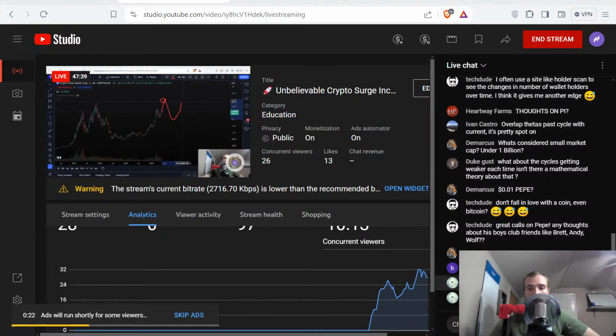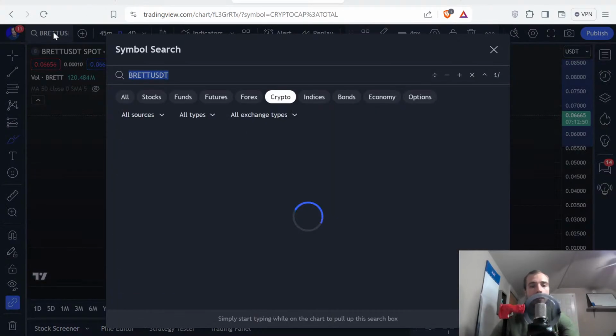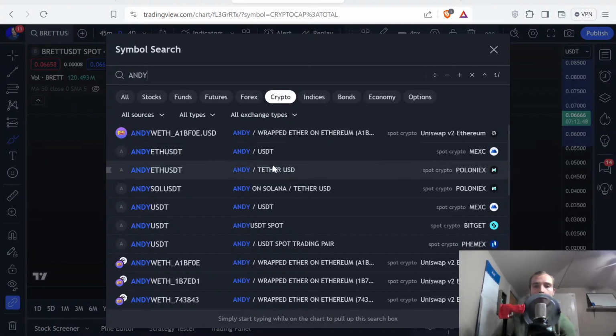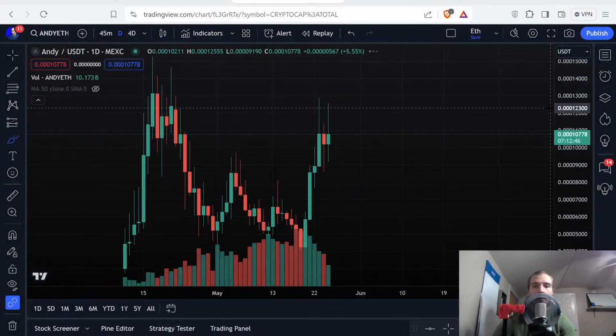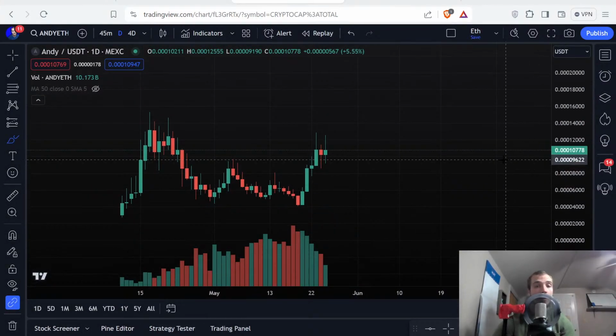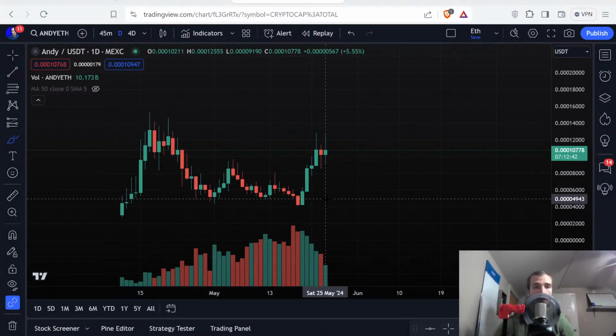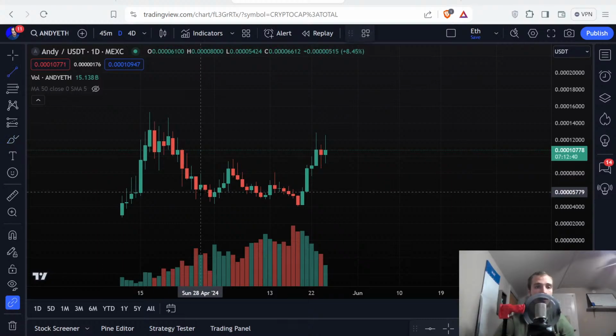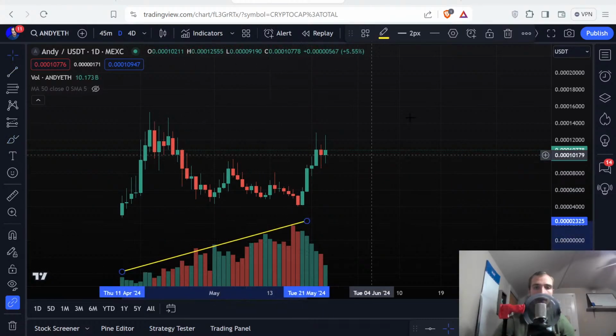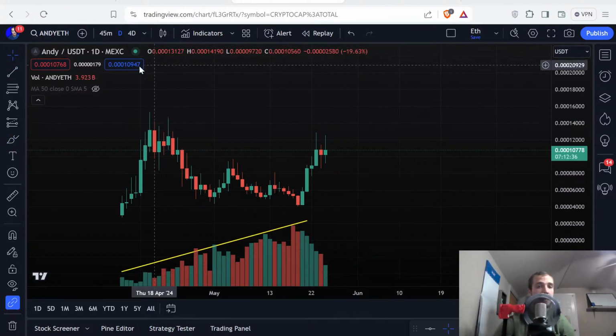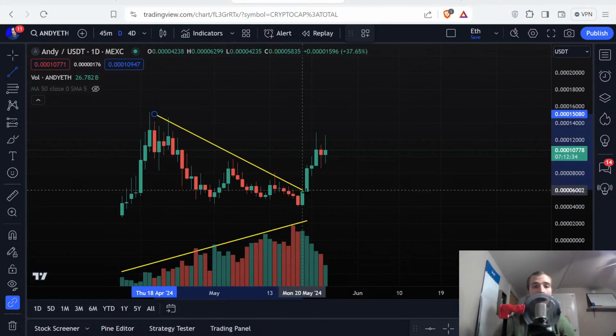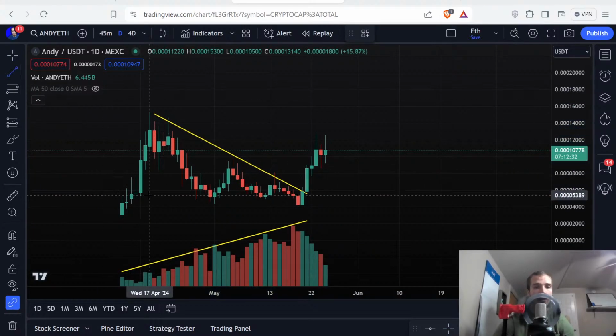Okay, let's see here. Brett, Andy. We'll check on Andy for you. Andy. Okay, another great example of a good-looking chart. Look at all this volume, dude. Holy cow. That looks amazing. Not to mention this wedge right here. Look at this falling wedge.